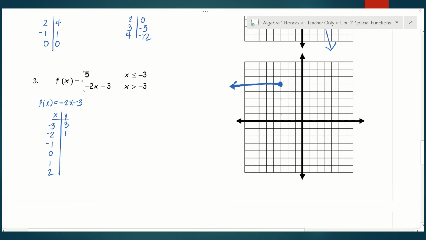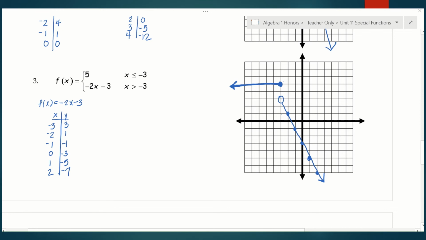Then if we copy down our table here, my very first point, -3, 3, should be an open circle. It's not including that point because it's just x is greater than -3. And then if we go on from there, we can include the rest. And then that is going to be a line with an arrow on the end.